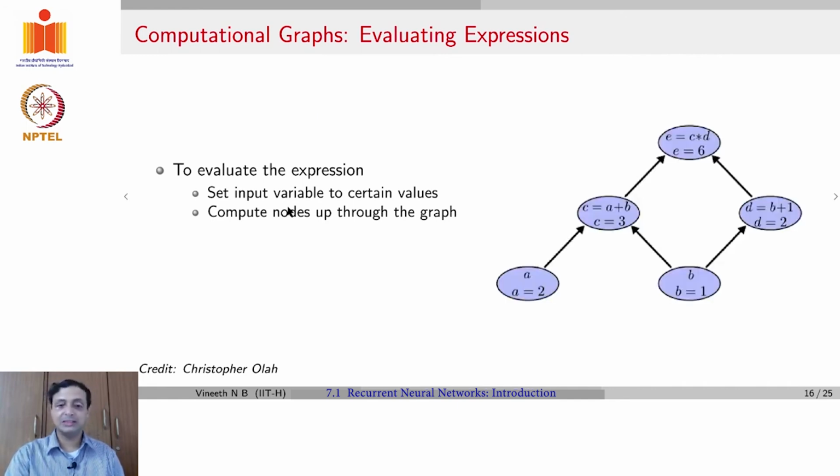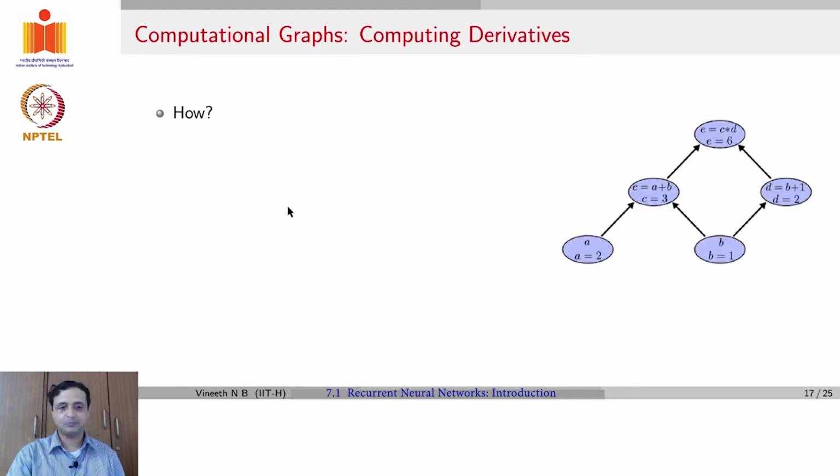So it would look something like this. You set A is equal to 2, you set B is equal to 1, you first compute C is equal to A plus B, which means you get C is equal to 3, similarly D is equal to 2, and then you combine them and get your final answer for E, which is E is equal to 6.